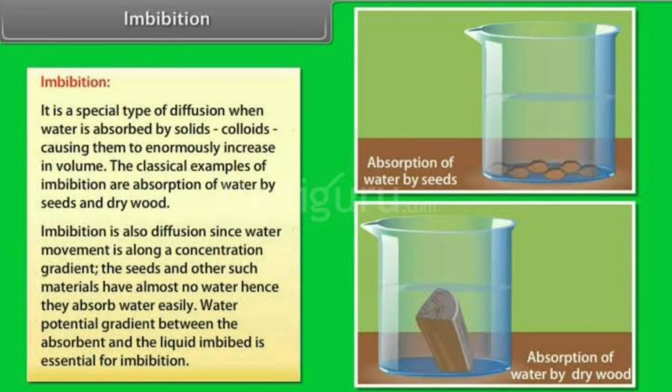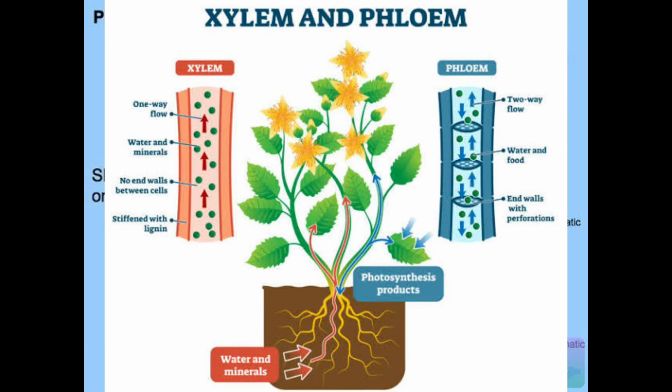Next we move on to long distance transportation of water, which is usually done by xylem and phloem tissue. Xylem conducts water and minerals to the entire length of the plant, whereas phloem collects the food materials that are produced at the site of production of food. What is the site of production of food? It is normally the leaf.